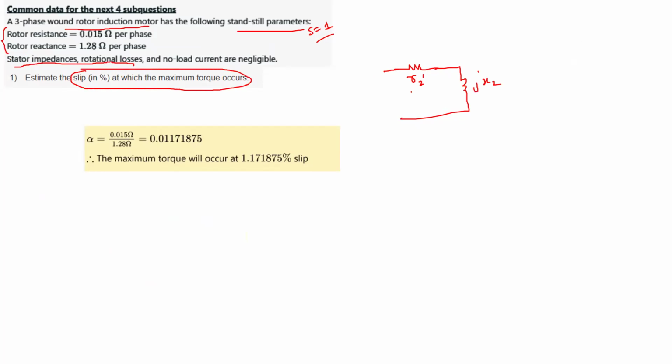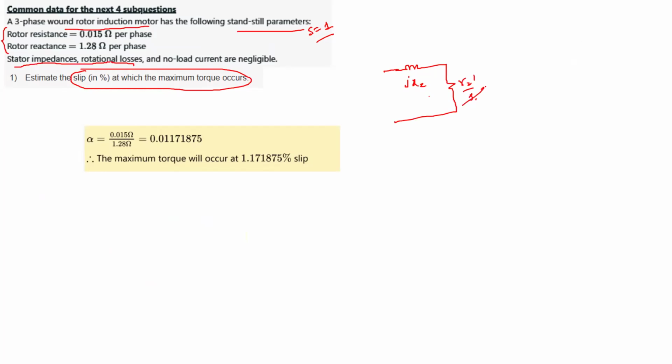Because see, this is R2 dash by S. Let me flip this, so this is jX2 and this is R2 dash by S.